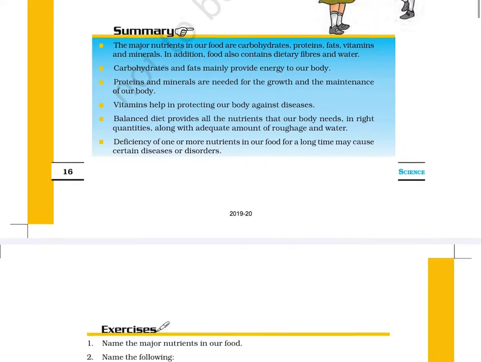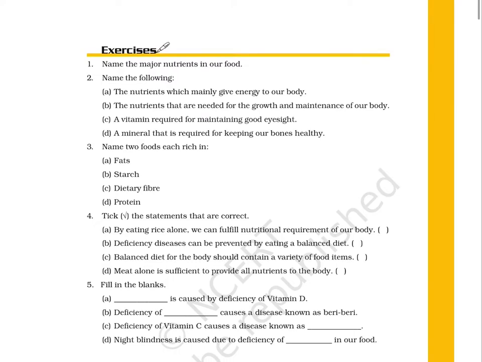Page 17. Exercises. 1. Name the major nutrients in our food. 2. Name the following. A. The nutrients which mainly give energy to our body. B. The nutrients that are needed for the growth and maintenance of our body. C. A vitamin required for maintaining good eyesight.